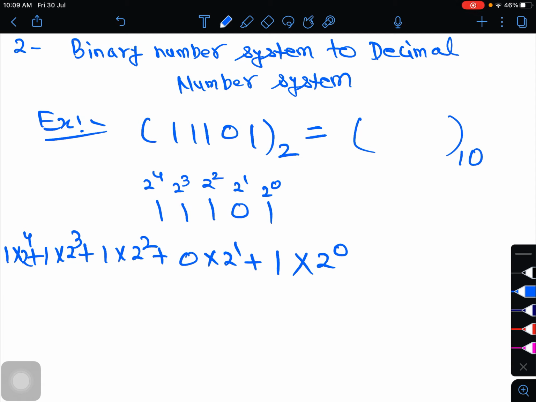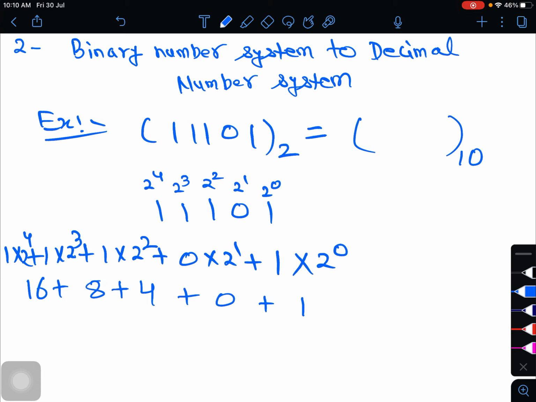So from here what we will get: 1 plus 0, 4 into 1 will come 4, 2 to the power 3 means 8, 8 into 1 is 8, and 2 to the power 4 is 16.